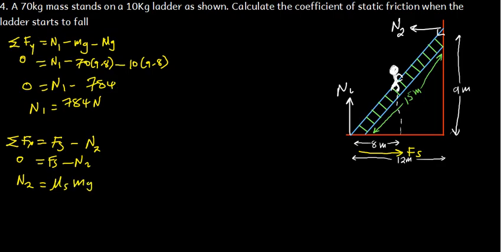Now mu s therefore is going to be equal to N2 divided by Mg, this is the mass of the ladder itself. So I've got N2 over Mg for the ladder. We've seen the mass of the ladder is 10, so that is 98.